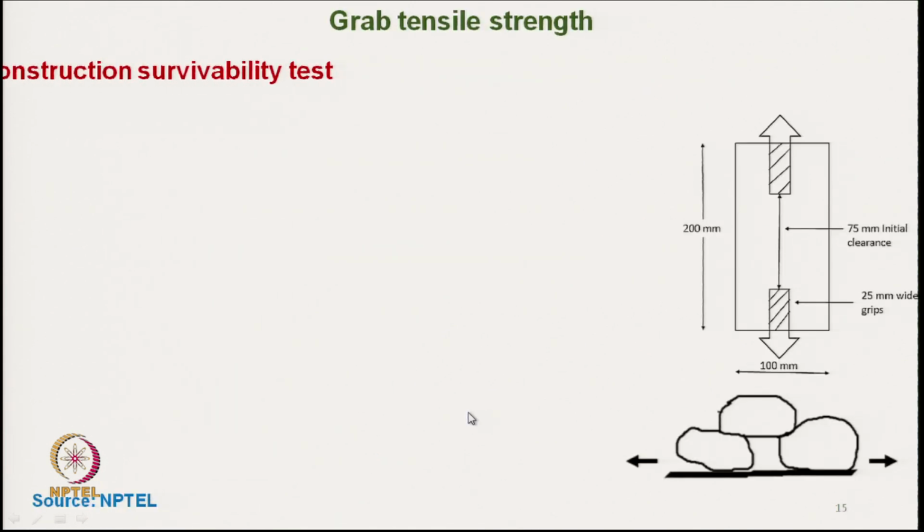Now, grab test. As far as geotextile is concerned, the grab test is extremely important. This is for construction survivability test. Tensile test gives an idea about the mechanical characteristics, but in most conditions the geotextiles are subjected to grab test like situation.